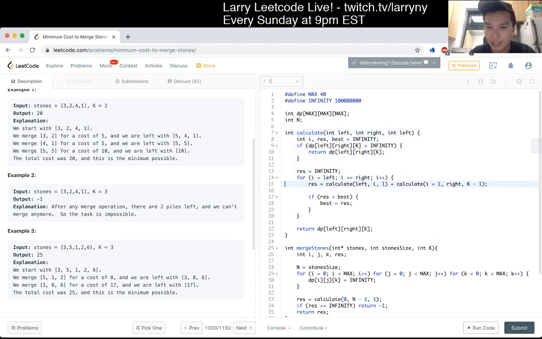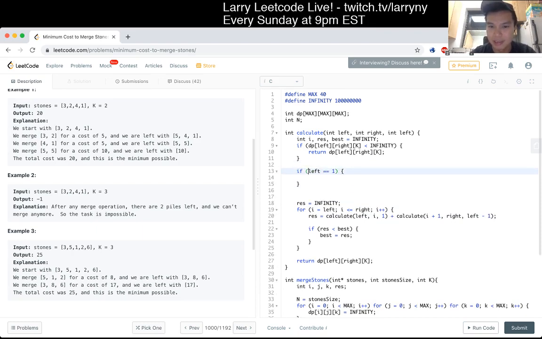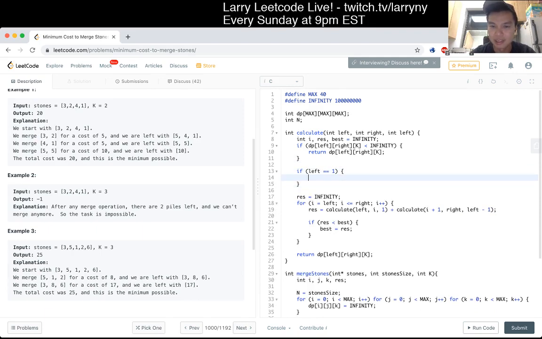So we want the left side to be one pile, and the right side to be all these other piles. Does that make sense? Yeah, okay. And if f is equal to 1, we want the best ends to come out with one pile. Oh man, I overloaded it a little bit.